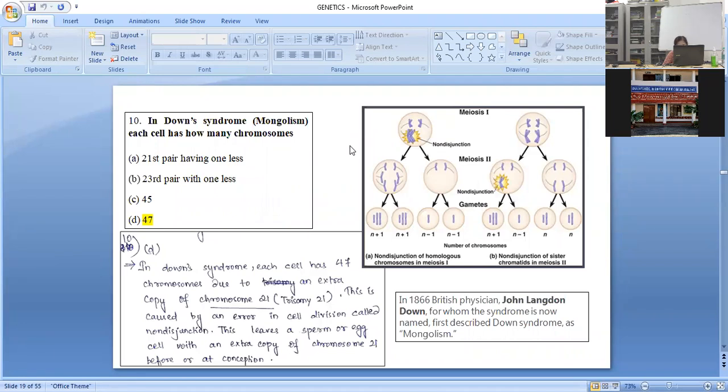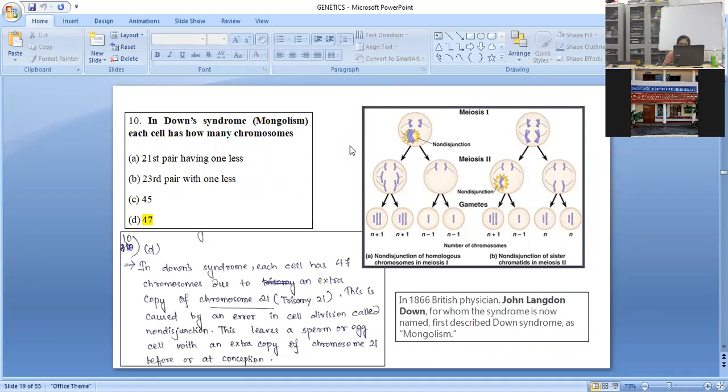And the one for whom this syndrome was named as Down syndrome is John Langdon Down. Before the nomenclature as Down syndrome, it was called Mongolism. So Mongolism is a racial term, as we all know, Mongoloids.